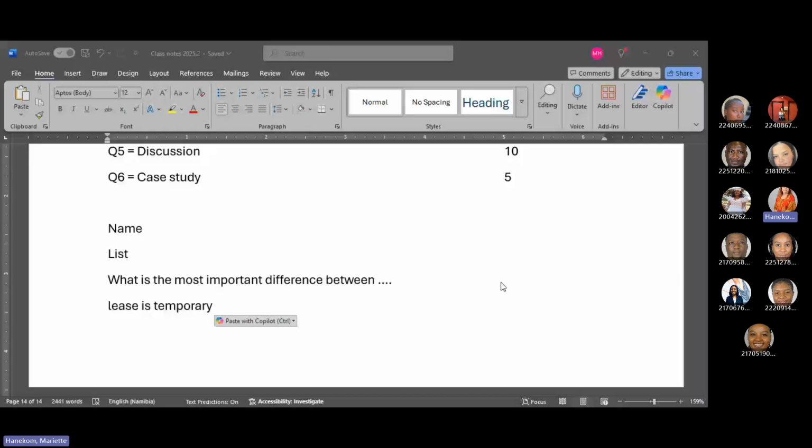Ms. Kasutu's given us an answer here. Buying an item gives you ownership, but leasing an item offers more flexibility in terms of payment and maintenance. Those aren't actually opposites. That's also a 1 mark answer. Ownership and then more flexibility, those are 2 different things. They don't relate to each other.